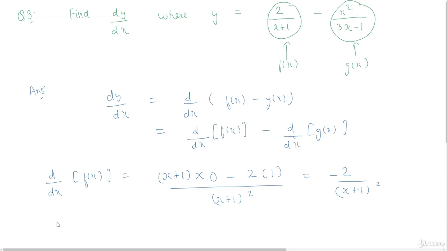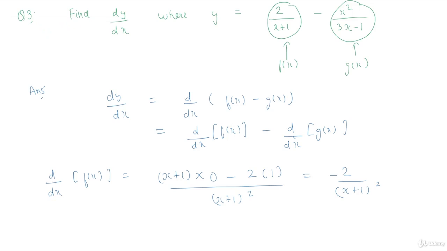Similarly, we will evaluate the derivative of g of x with respect to x. So d by dx of g of x, as per the quotient rule, our numerator and denominator here are x square and 3x minus 1 respectively.